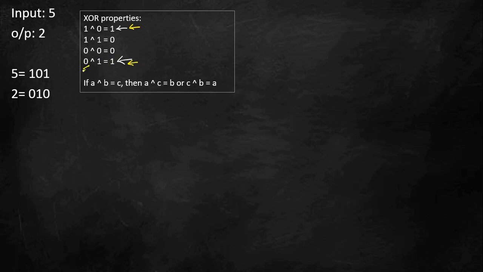So it is the opposite of this number, and here it is the opposite of this. XORing with 1 always flips the bit, and that's what we want here, right.